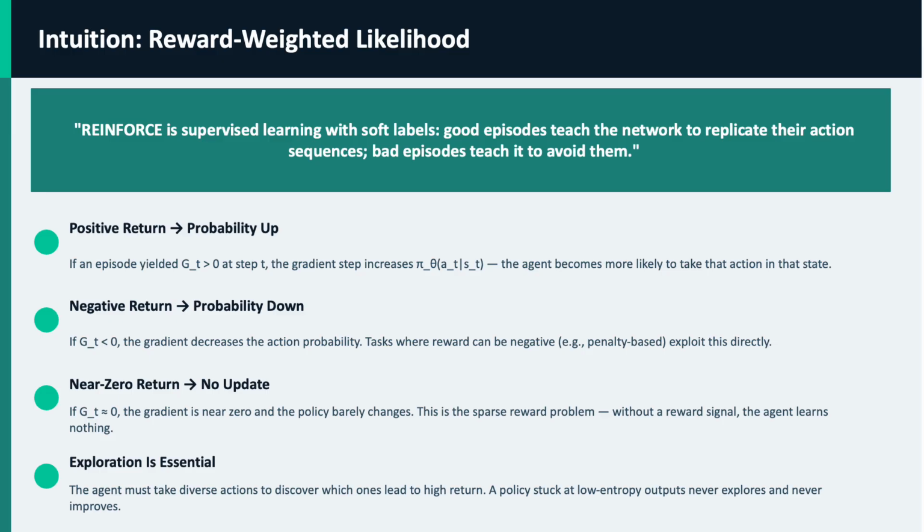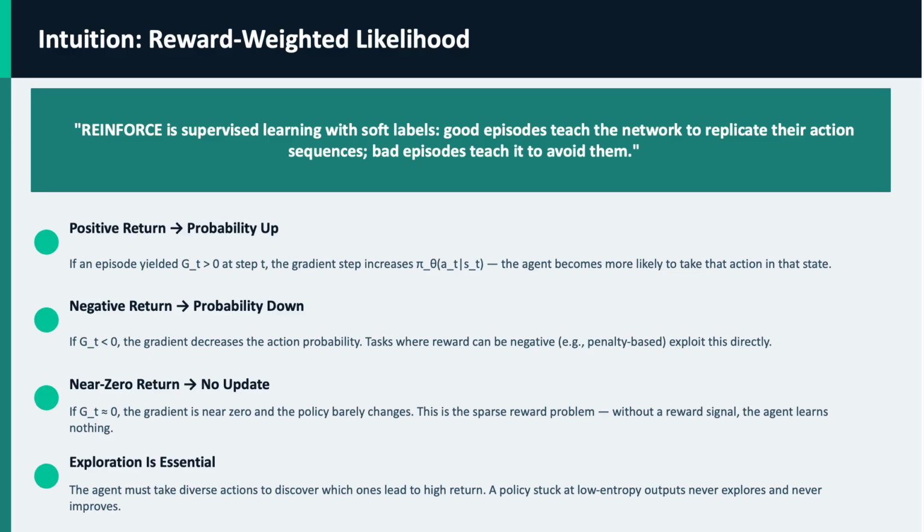Three cases are worth internalizing. If G_t is large and positive, the gradient update strongly increases pi theta of a_t given s_t, and the policy becomes more likely to take that action from that state. If G_t is negative, which happens in an environment where reward can be negative, like penalties, the update decreases the action probability.